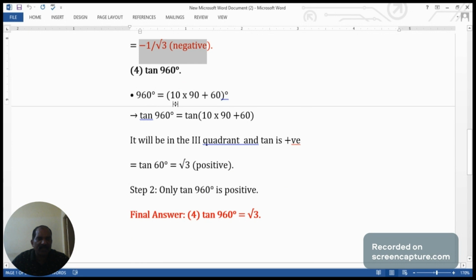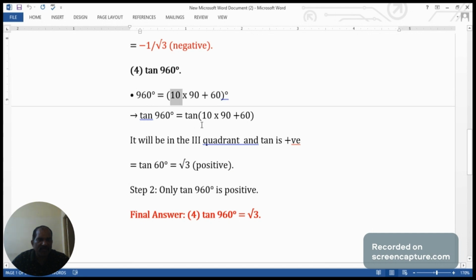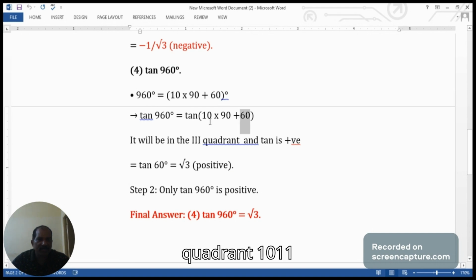960 we can write as 10 into 90 plus 60. It's an even multiple, so the same function will come, tan 60 will be there. Okay, then which quadrant? 10 plus 1, 11 quadrants.